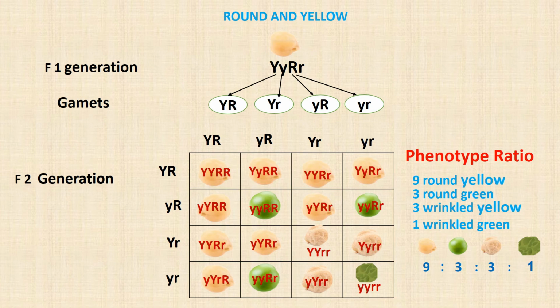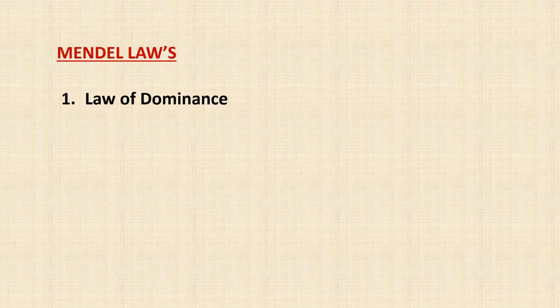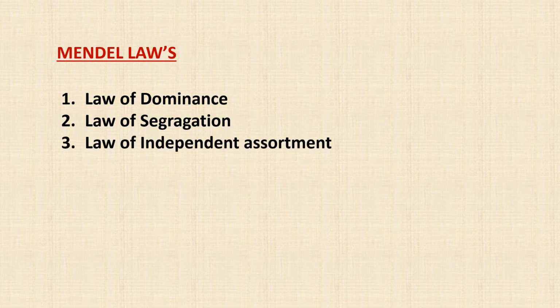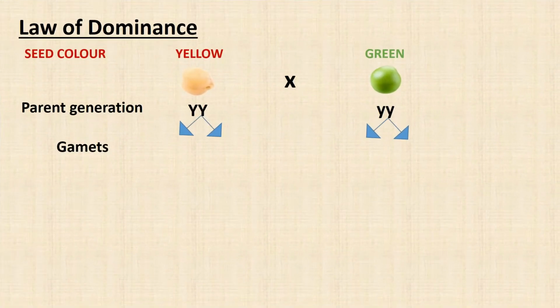Depending on his experiments, Mendel proposed some laws. They are known as Mendel's laws. So we are now going to discuss Mendel's laws. There are three: law of dominance, law of segregation, and law of independent assortment. The first one, law of dominance. Every character is controlled by a pair of factors, which are responsible for a character of an organism.